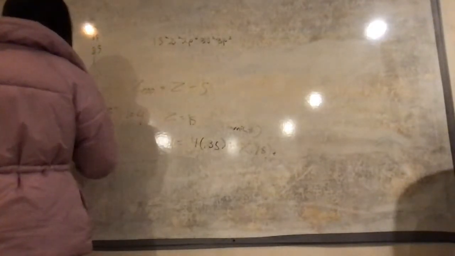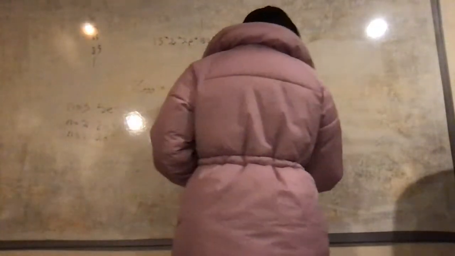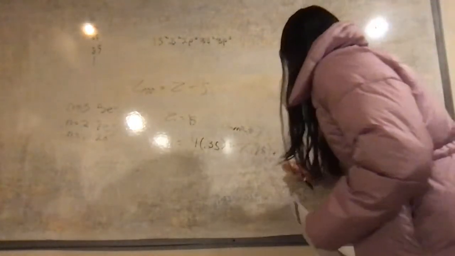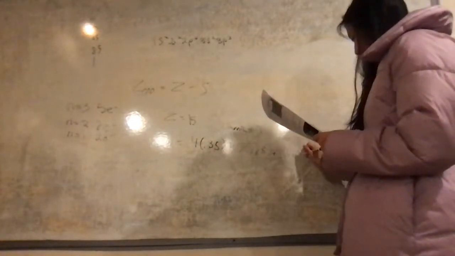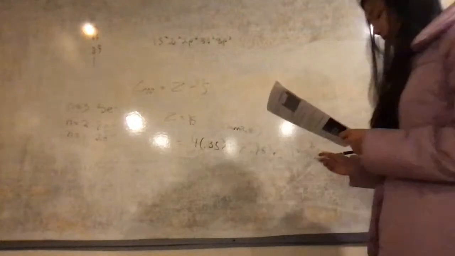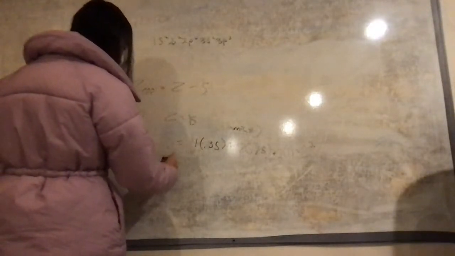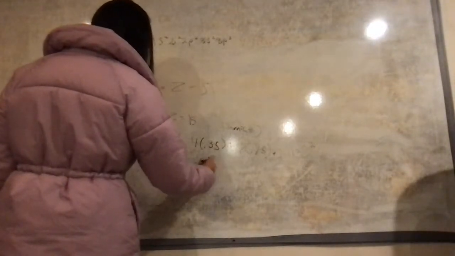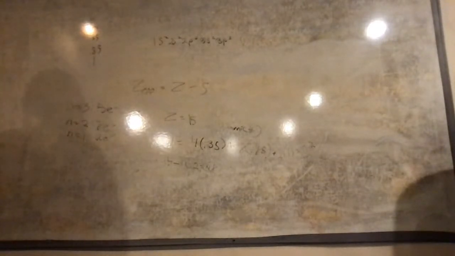Just 2, so we write 2 times 1. What you'll get is 10.2 as your S. So the effective charge is simply Z minus S, which is 15 minus 10.2, which is 4.8, your Z effective. Okay, so that is using Slater's rule.